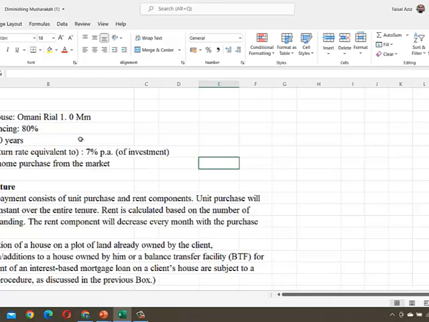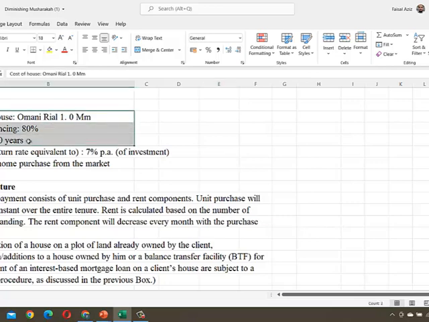Let's assume that a customer wants to buy a house and the house costs, let's say, 1 million Omani riyals. The currency could be any. So the bank financing is 80% and the tenure of this arrangement is 10 years and the rental rate is 7% per annum of investment, and the purpose is a home purchase from the market.